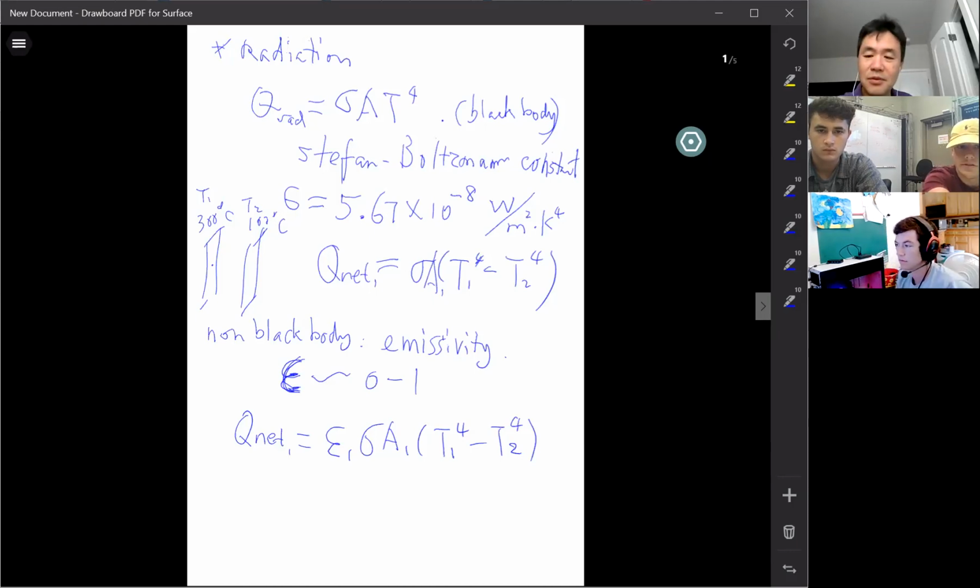I'm sure there are more detailed tables for all kinds of different surfaces, but here in the textbook, this is the only table I found, from page 663 to page 664. It's a pretty long table.